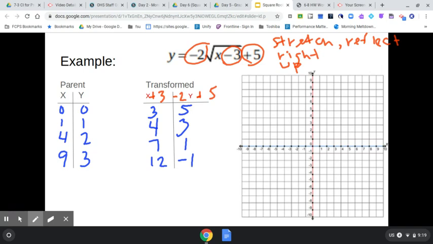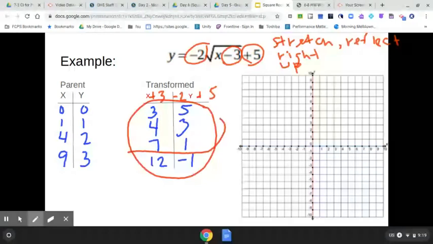All right, notice these points, guys, and I should have put them in red instead of blue, but these points here, not all of them are going to fit on my graph. This 12, -1 is going to be a bit too large to fit on my graph now. So I can only plot these top 3.